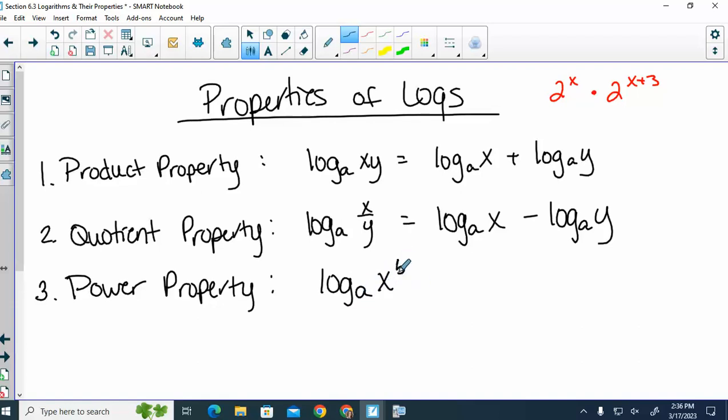Third property, if you have an exponent, you can actually bring that down as a coefficient on your log.